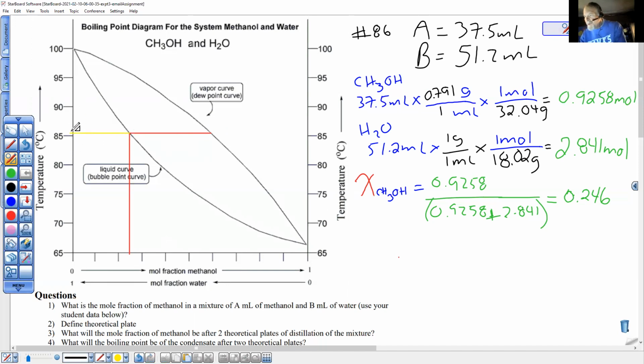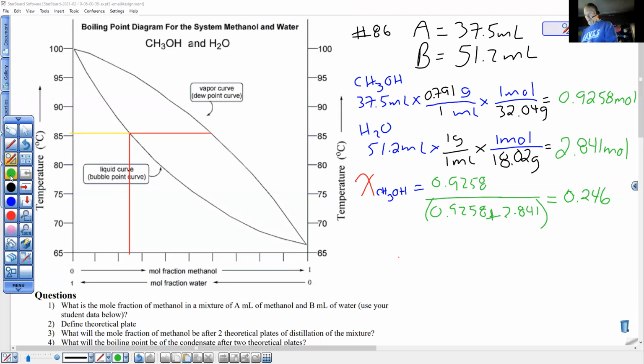And let's see, what do we have? 85. Let's see, 87 and a half's in the middle. 87's about right there. 86 is right there. 85.3 would be a decent estimate of that right there. So the answer to question A is, what is the mole fraction? Well, we did that.